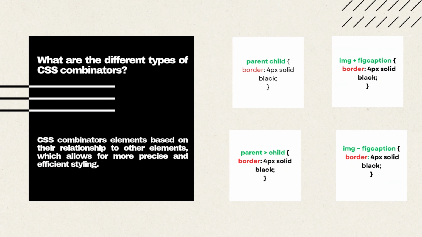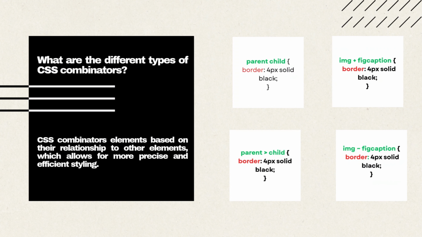Right, so the descendant combinator, this is the first example we have here at the top: the parent, space, and child. So let's say you have a div element and you've nested a p tag inside, or 5 p tags inside that div element. Now according to this styling, they are all going to have a border of 4 pixels solid black.